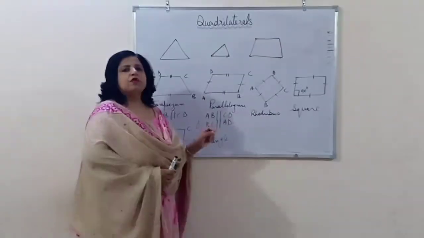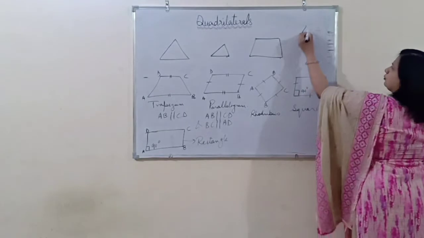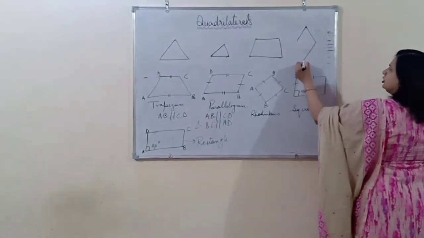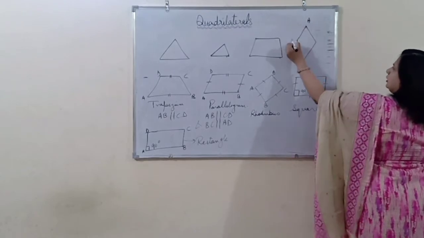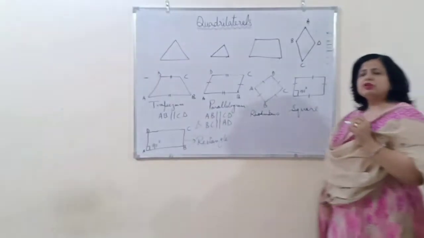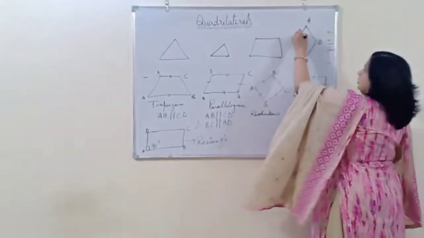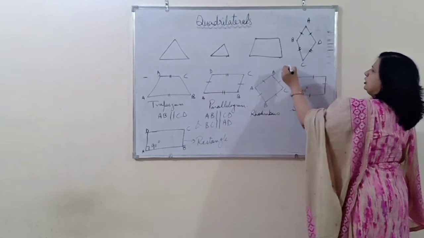Now we have one more type of quadrilateral, a special type, in which the adjacent sides are equal. A, B, C, D. This is a quadrilateral in which adjacent sides are equal. AB equal to AD and BC equal to CD.